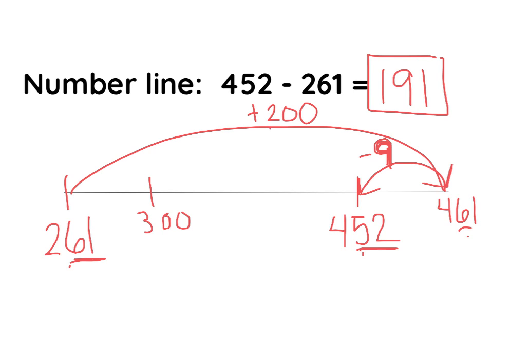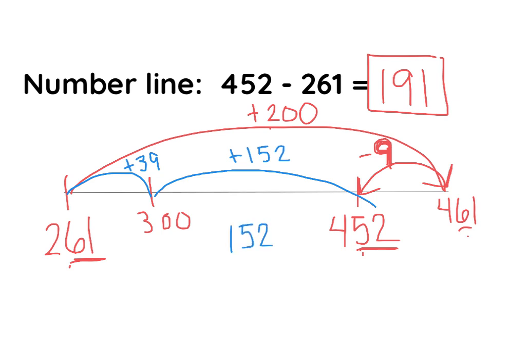But again, we could have added the partner to get to 300 and then added 152, which honestly is a little harder than what we did. 152 plus 39.